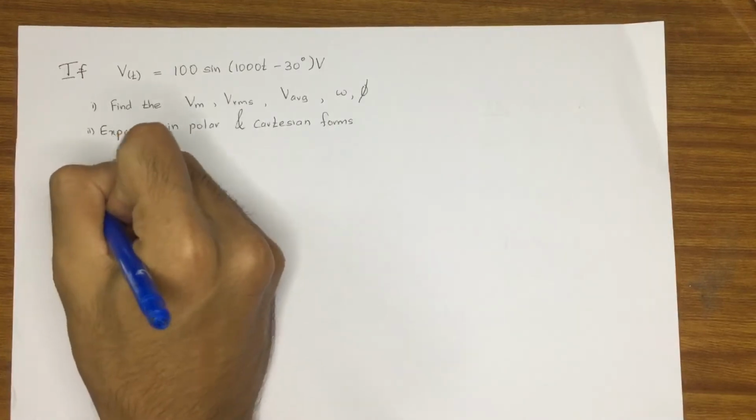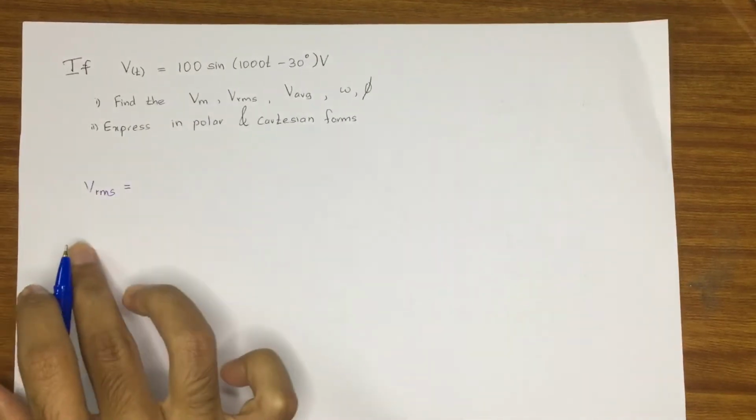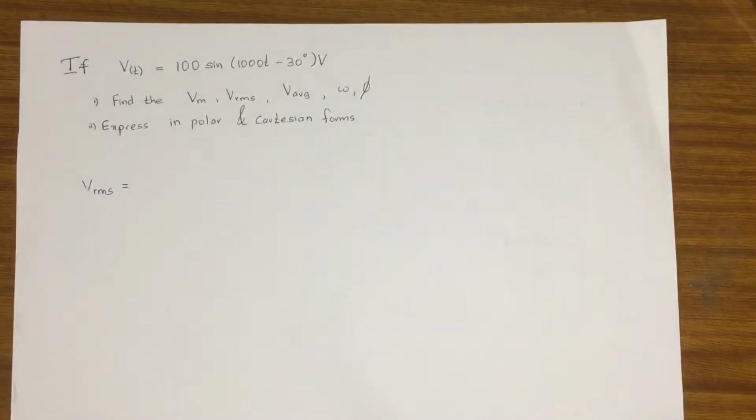In the previous video I mentioned that we can use the equation directly to find the RMS value if we are given a sinusoidal waveform. In electrical engineering basic tests or papers, we normally get sinusoidal waveforms, so I'm going to use the equations directly.